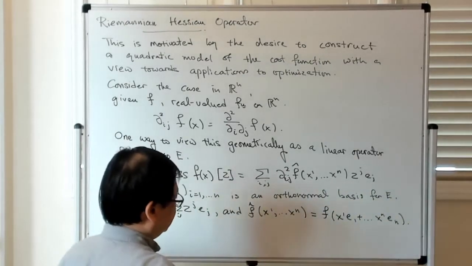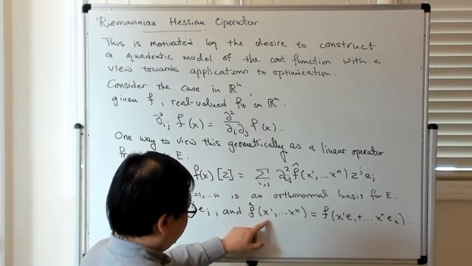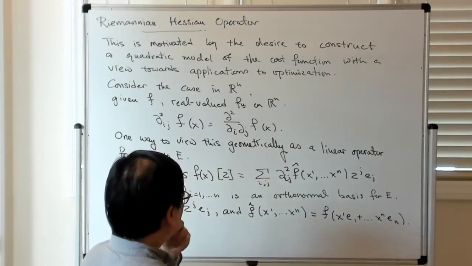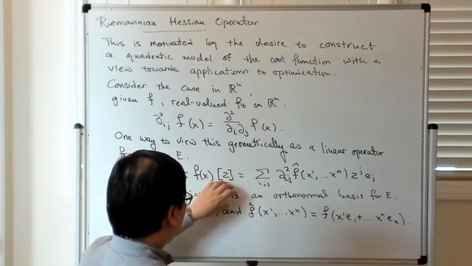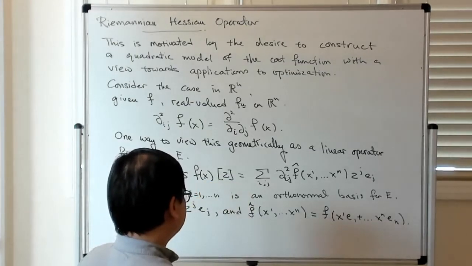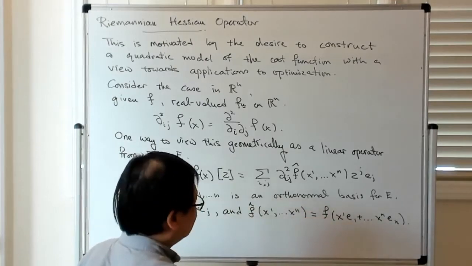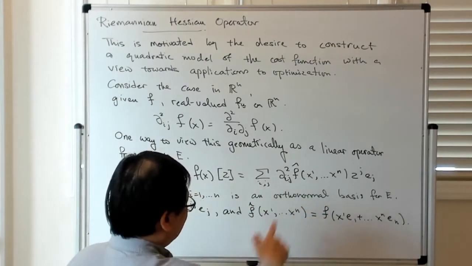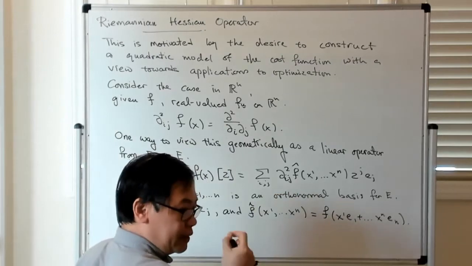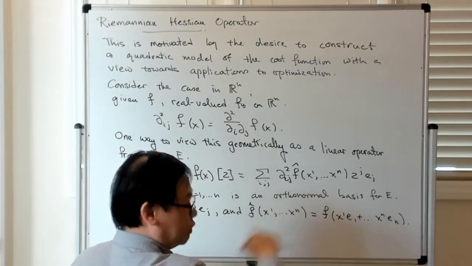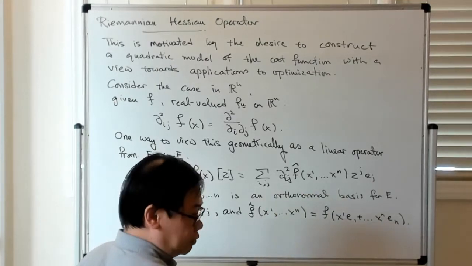Okay, so the way to think of this is that essentially you are choosing an orthonormal basis for this Euclidean space, and then f hat is the local representative with respect to the coordinates associated with the orthonormal basis.